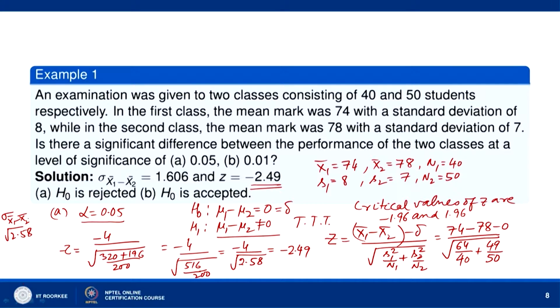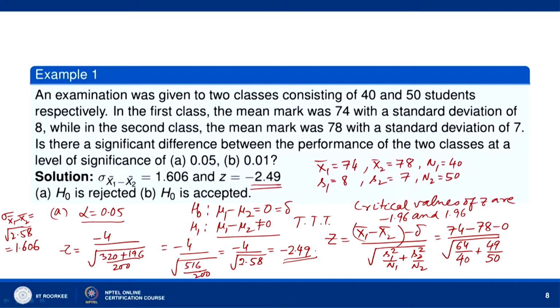Sigma x1 bar minus x2 bar is equal to the square root of s1 square by n1 plus s2 square by n2, which is 1.606. So, this value 1.606 is the value of this denominator. So, this is minus 4 upon 1.606, which comes out to be minus 2.49.